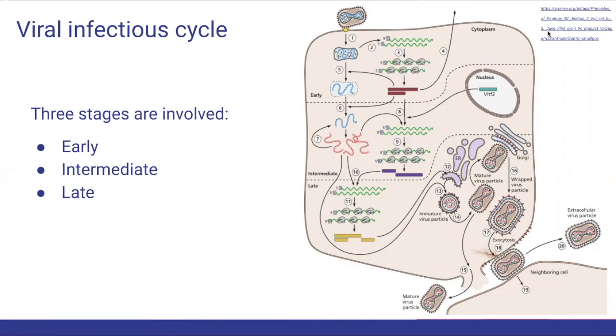So here's an overview. As we can see, there are 3 stages involved, and this includes the early, intermediate, and late phase. The early phase, which is right around here, is basically where the virus attaches and enters the cell via membrane fusion, and it starts to transcribe and translate proteins.